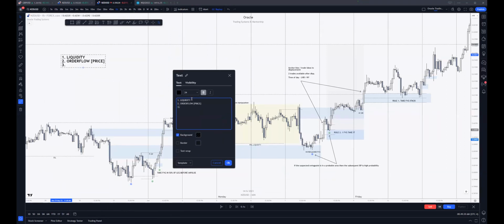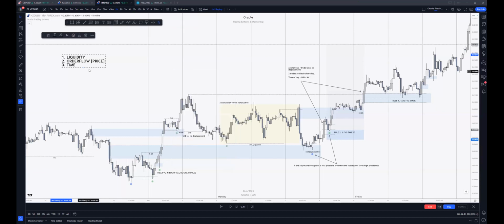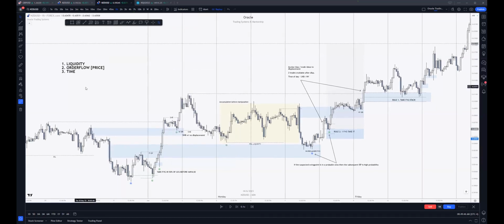So we have liquidity and order flow. Displacement is part of order flow. Bias is the accumulation of all three of these things. The third one is time. Time, liquidity, order flow.